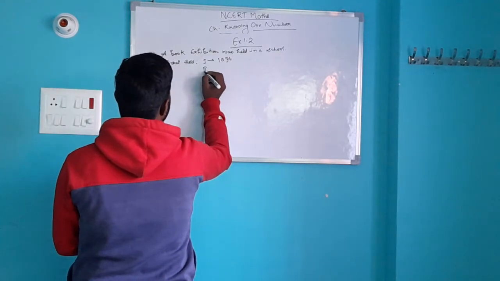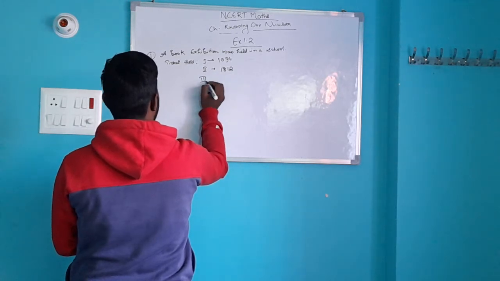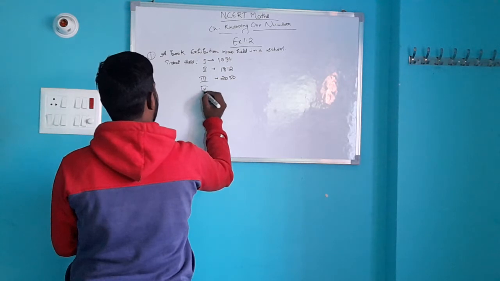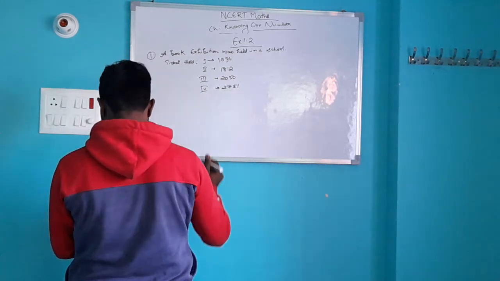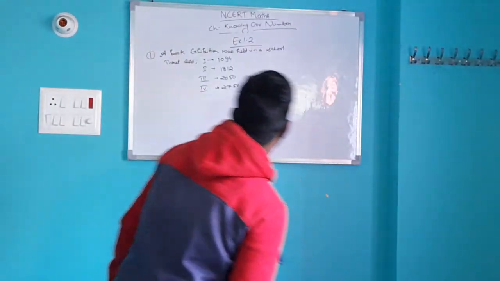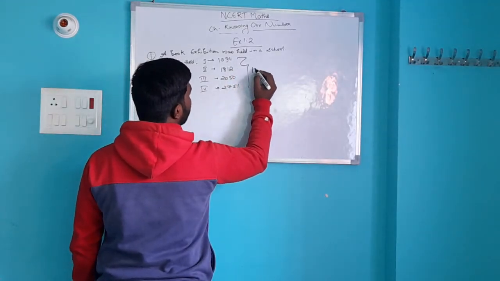On the second day, it shows 1812. Third day, it showed 2050. And the last day, we get 2751 tickets. So in this question, we need to find the total number of tickets which are sold.